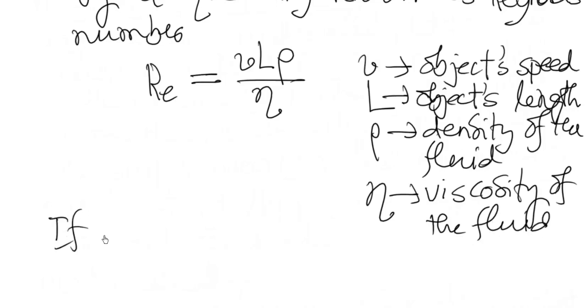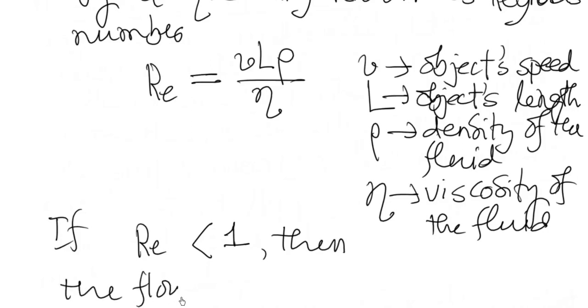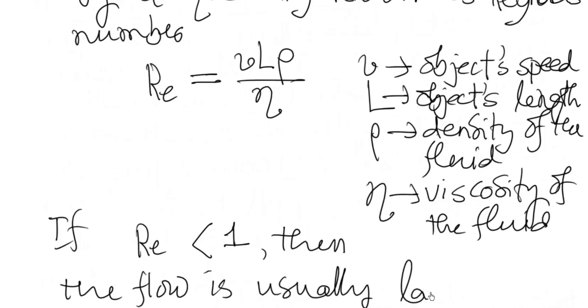Okay, if this Reynolds number is smaller than 1, then the flow of the fluid is usually laminar flow, smooth flow.